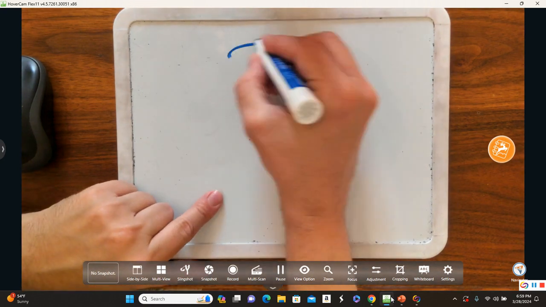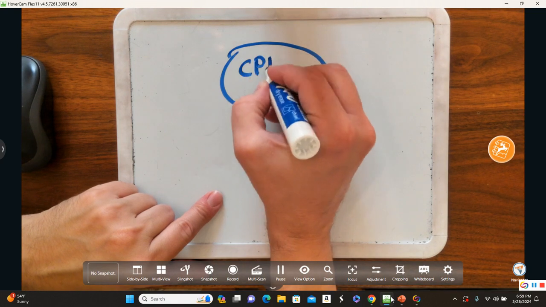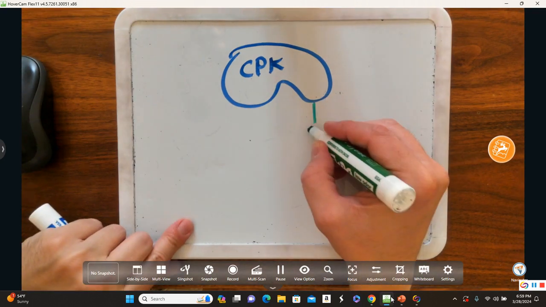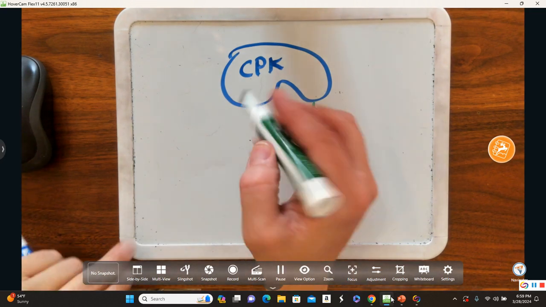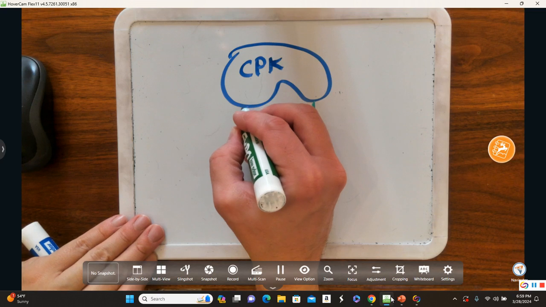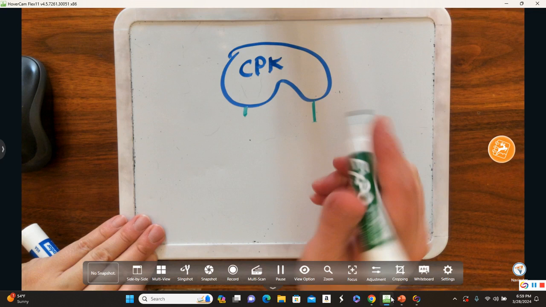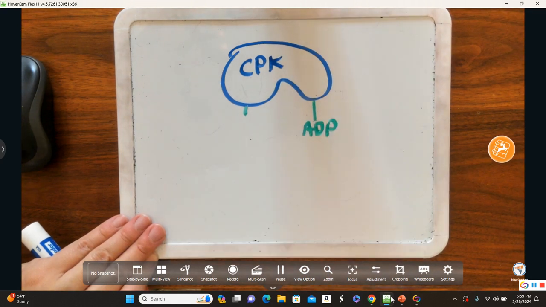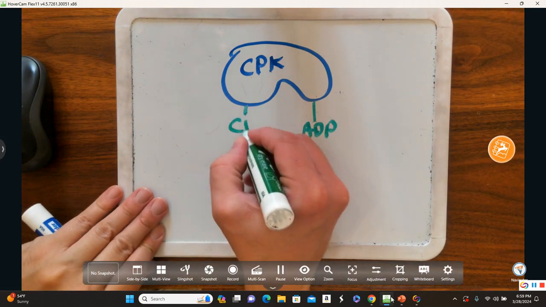Let's say I've got an enzyme right here, and this enzyme is creatine phosphate kinase. And we have a phosphate here. Let's do ADP. Let's make it a little bit better. And let's say we have creatine phosphate.